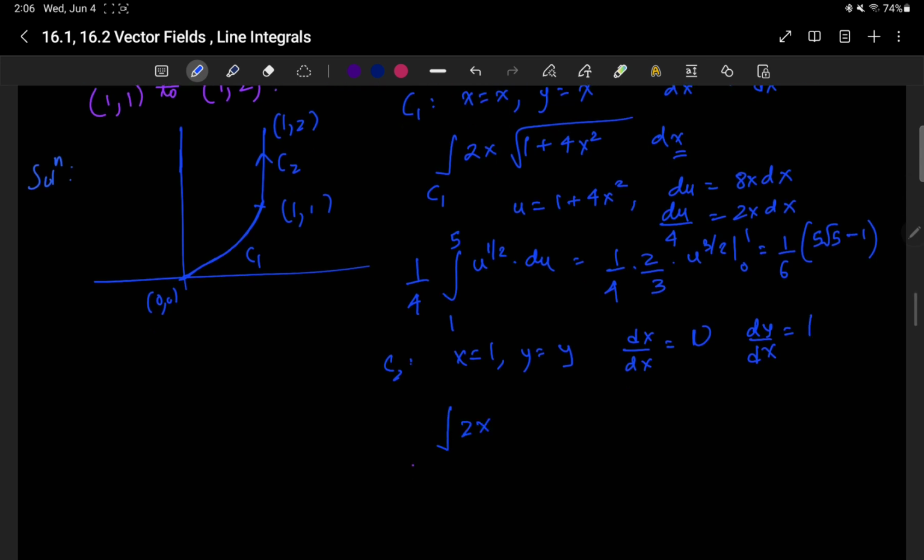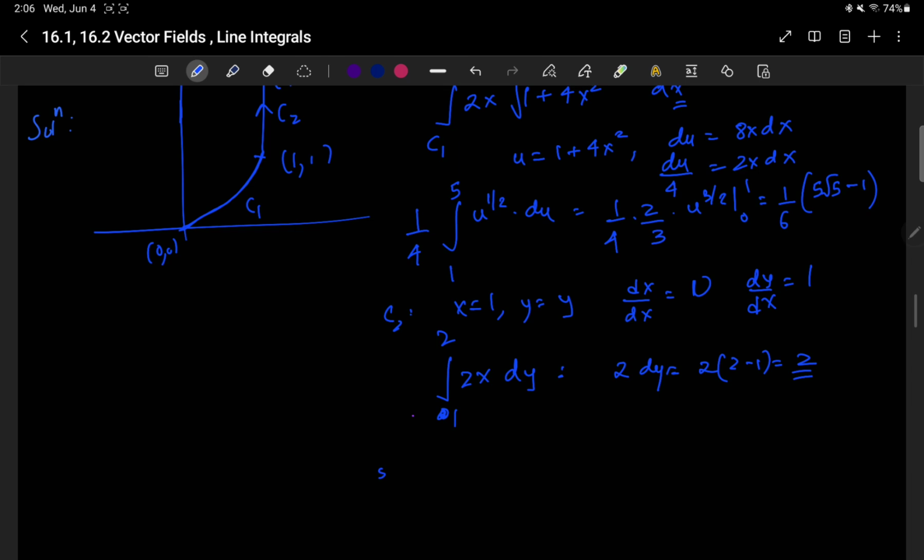So we have 2x dy from 1 to 2, but x is 1, so this is just 2 dy, which becomes 2 times 2 minus 1, which is 2. So the total line integral is 1/6, 5 root 5 minus 1 plus 2.